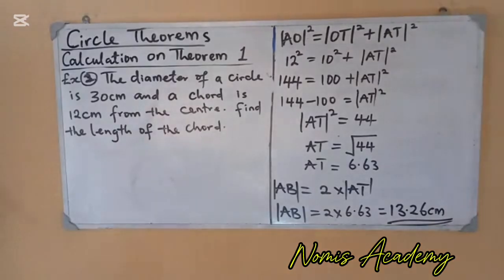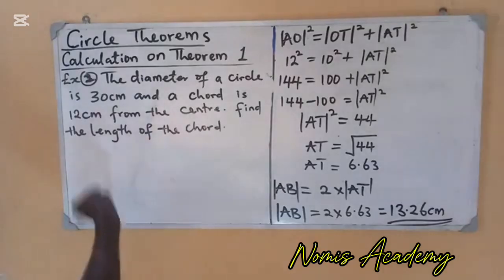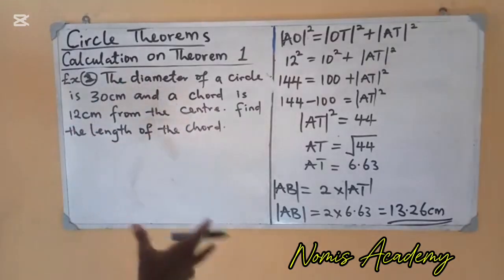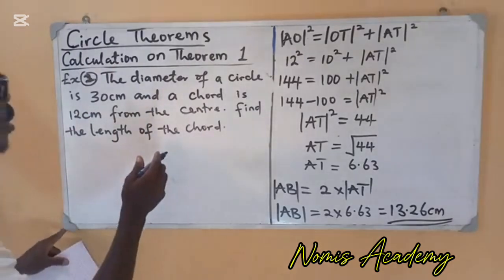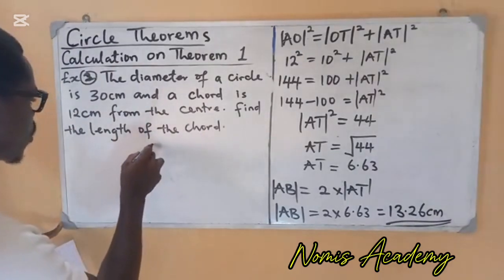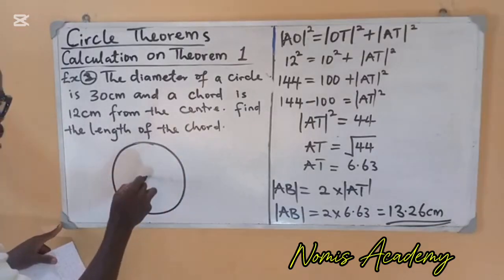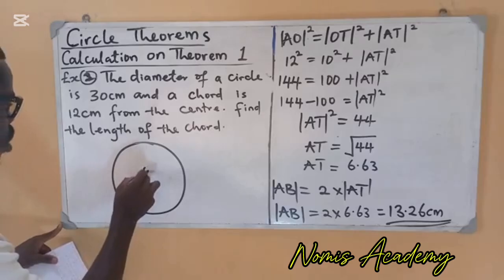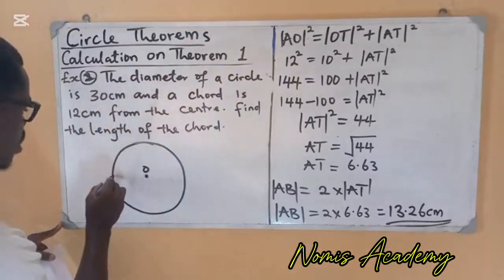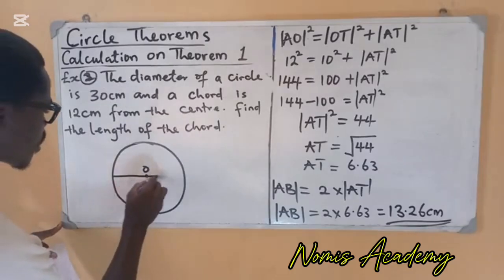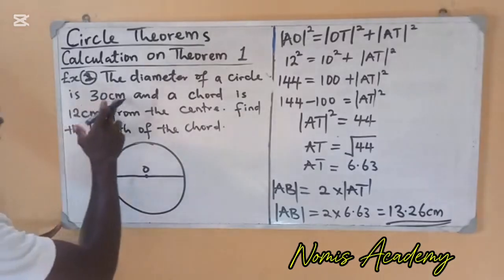All right, to understand this better, I'll always advise you make a sketch of the statement to get a clear picture of the problem. So now let's take the diagram. We have a circle, and this is the center of the circle. We call that O. The diameter of a circle, so let's draw a diameter. This is the diameter. The diameter of the circle is 30 centimeters.